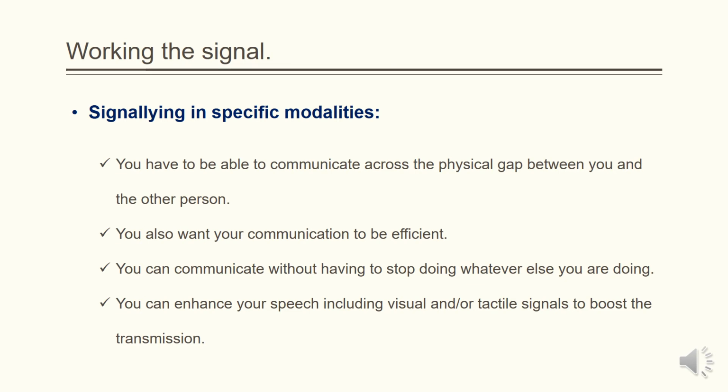And also, you can communicate without having to stop doing whatever else you are doing. For instance, you are cooking and you can talk at the same time. And something that is also important is that you can enhance your speech by including some visual or tactile or face signals to boost the transmission.